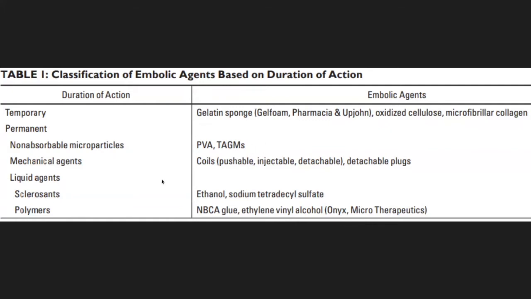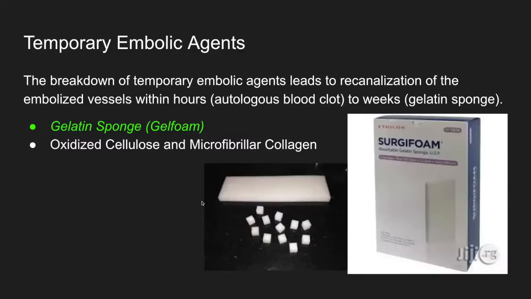Then we have mechanical agents like coils and detachable plugs. Coils can be pushable, injectable, or detachable. And then we have liquid agents. In the group of sclerosants, we have ethanol and sodium tetradecyl sulfate, which are the most commonly used.